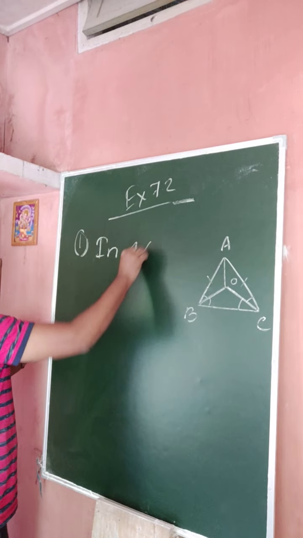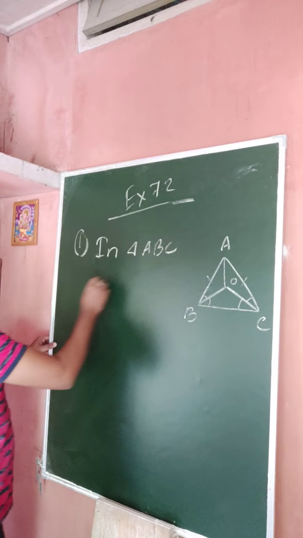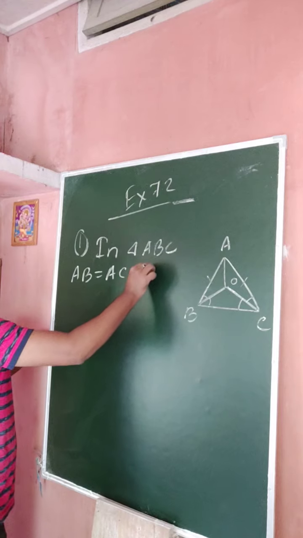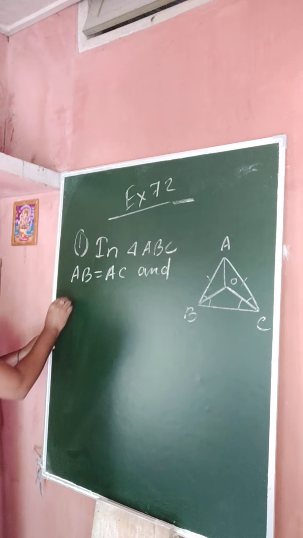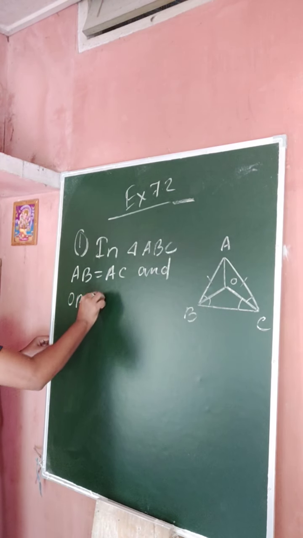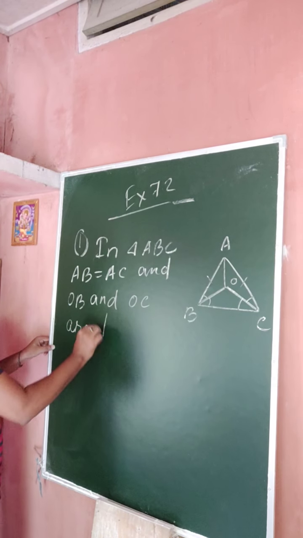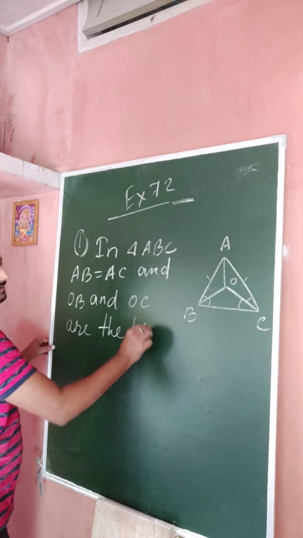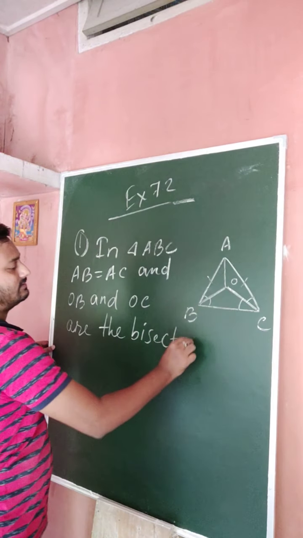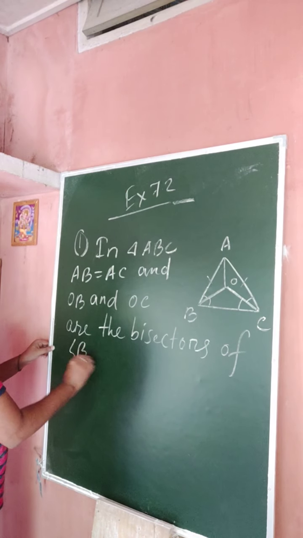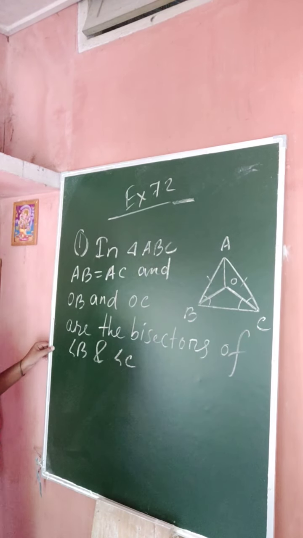In triangle ABC, AB equal to AC, and OB and OC are the bisectors of angle B and angle C, which is a given thing.